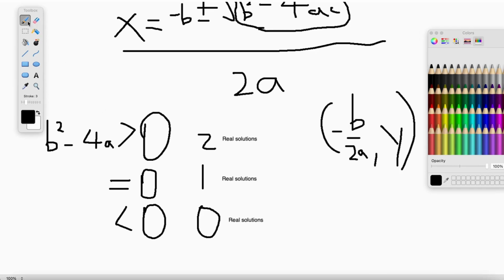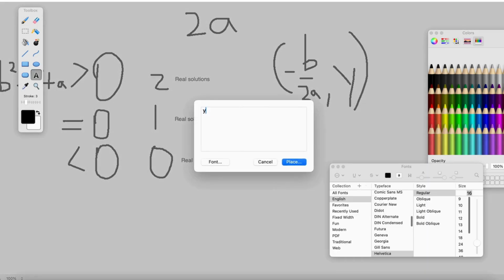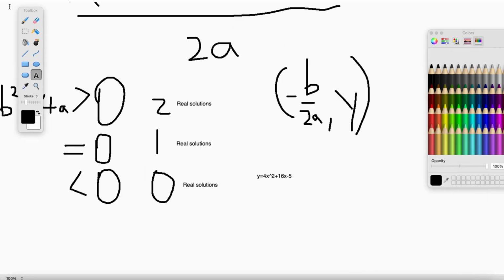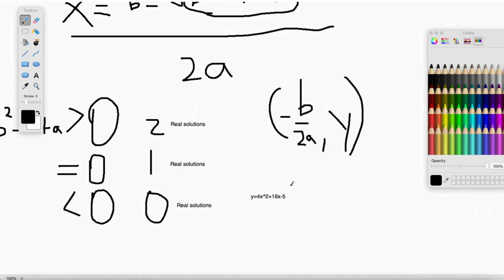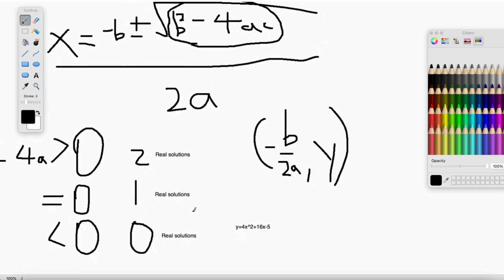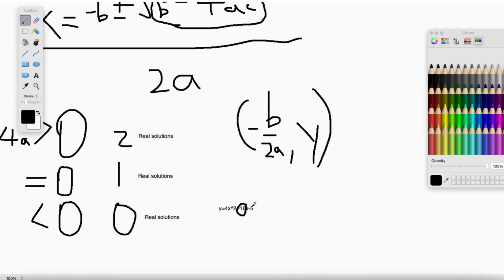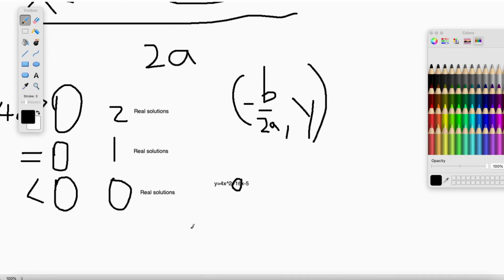So now let's apply this formula to the equation we have already, which is y equals 4x squared plus 16x minus 5. Now let's find the discriminant first to find how many solutions we'll have. So the b here is 16, so 16 times 16 is 256.